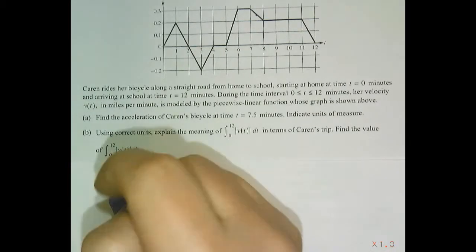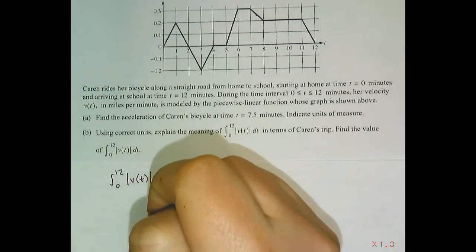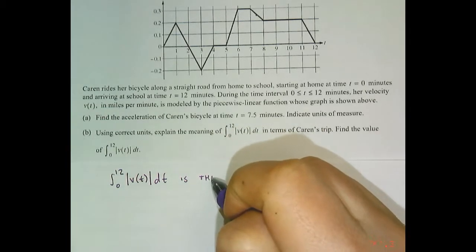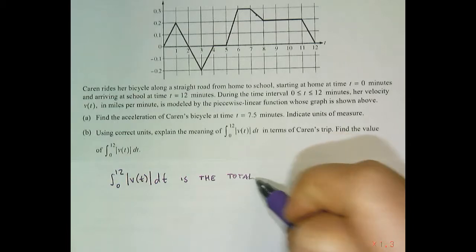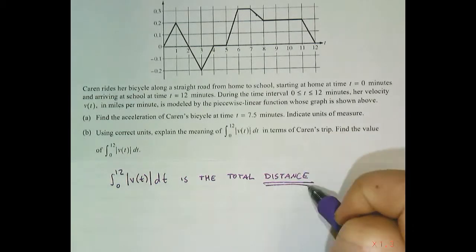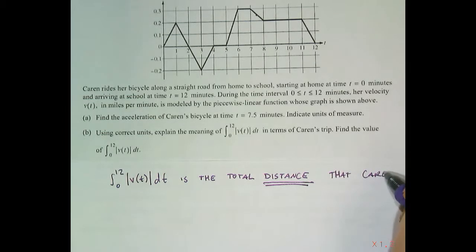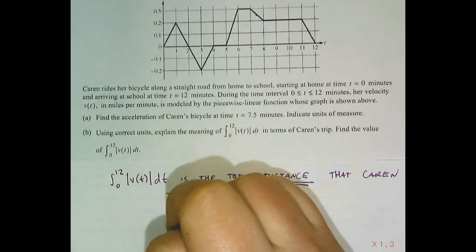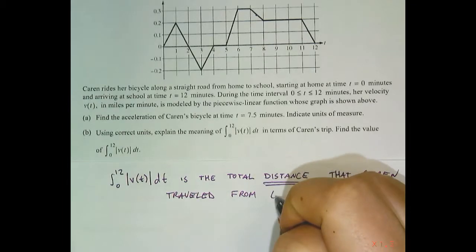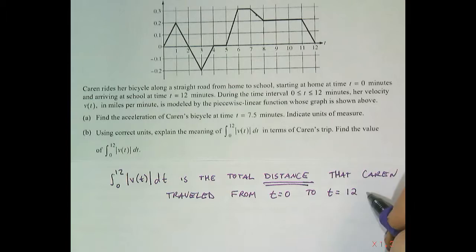So the integral of an absolute value gives us the total distance that Saren traveled, and we have to be specific, from t equals 0 to t equals 12 minutes.